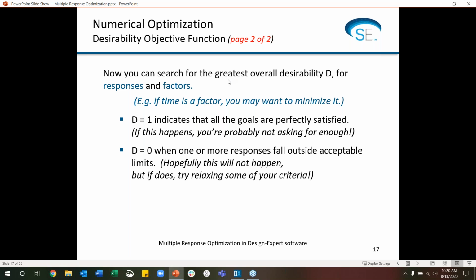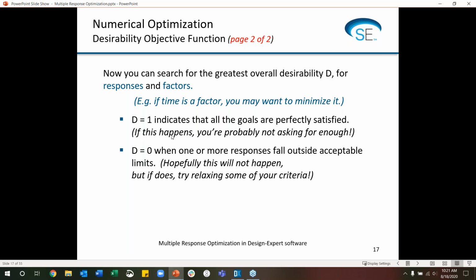Okay, so we'll get into more details shortly, but we can search for the greatest overall desirability for both responses and factors. If we get an overall desirability of 1, that would indicate that all goals for every single response and factors, if you are optimizing those too, are perfectly satisfied.